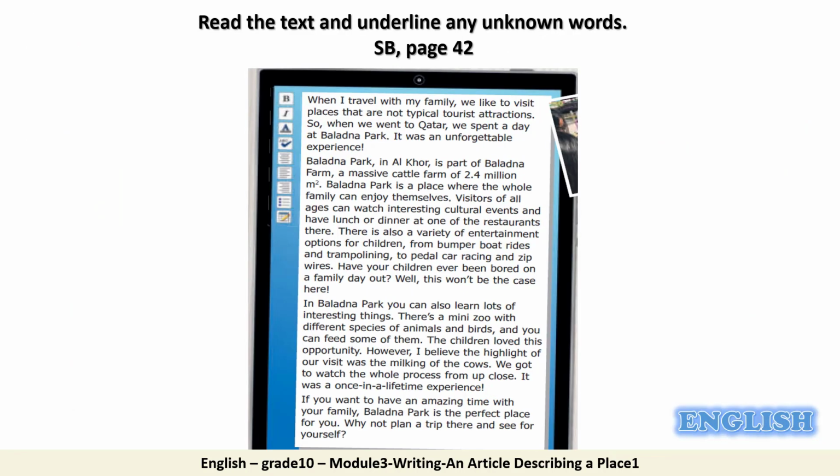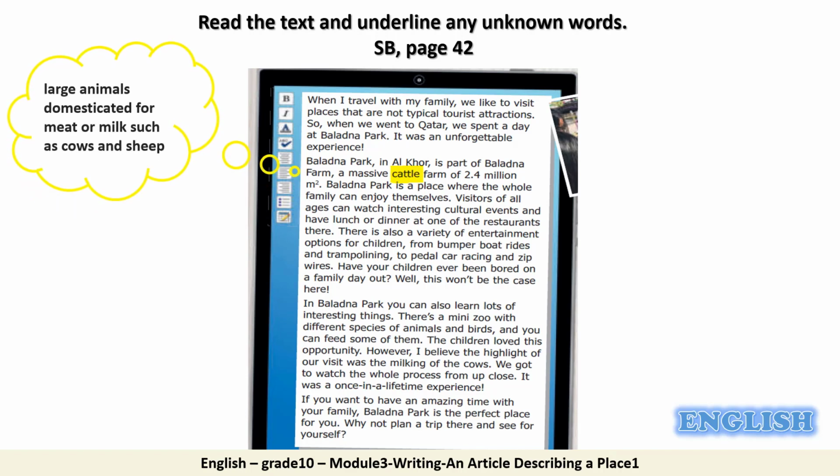Read the text and underline any unknown words. Now pause the video and underline the words to identify their meaning later on. Yes, the words that may be unknown for you are cattle, which means large animals domesticated for meat or milk, such as cows and sheep.